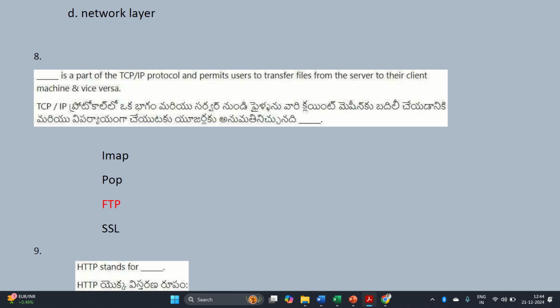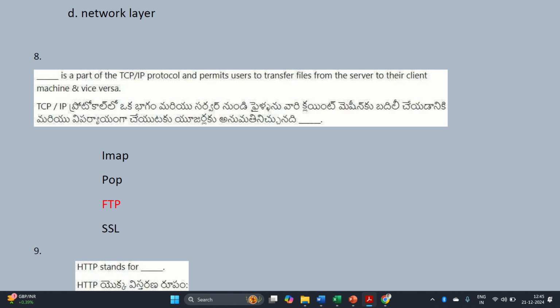Dash is a part of the TCP/IP protocol and permits users to transfer files from the server to the client machine and vice versa. Which protocol? File Transfer Protocol is a part of the TCP/IP protocol. TCP is Transmission Control Protocol.